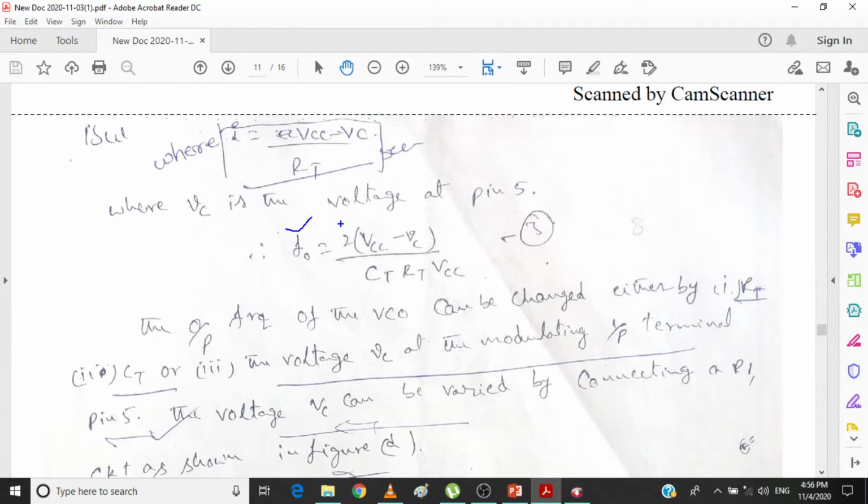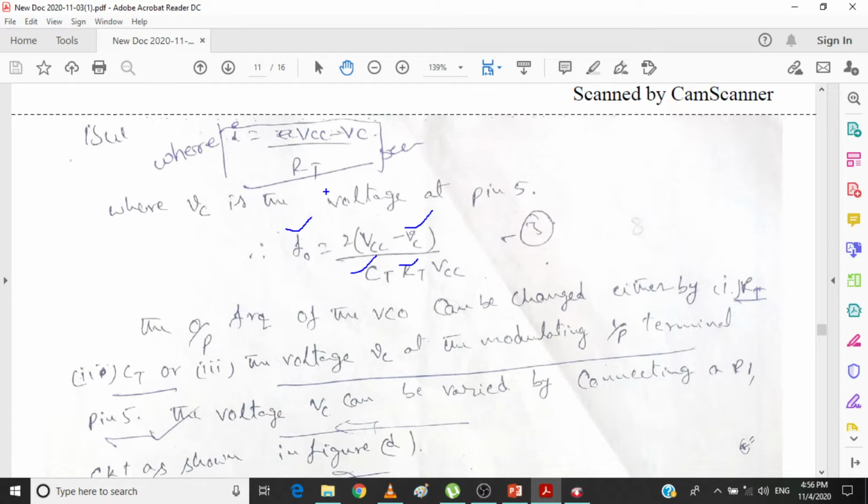CT is the timing capacitor, and RT is the timing resistor. By changing the timing capacitor, or the RT value, or the modulating input voltage which we apply to the VCO, we change the oscillations of our signal. By changing any one of these three variables, we can change the frequency of the oscillating signal.